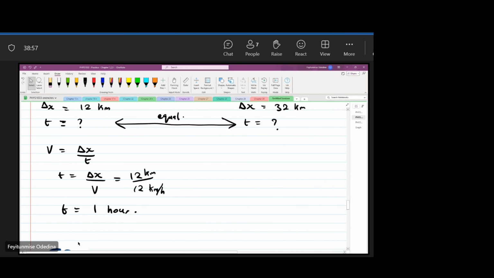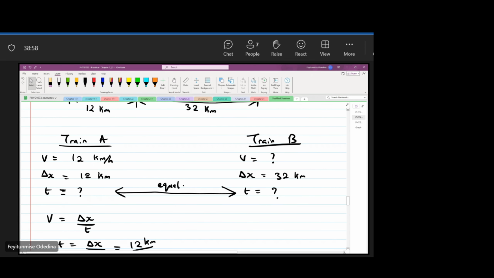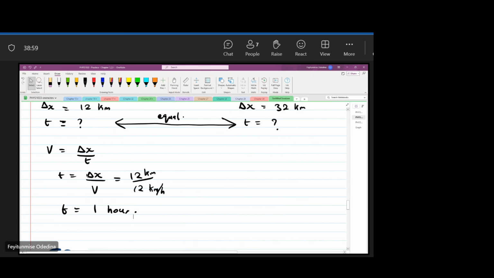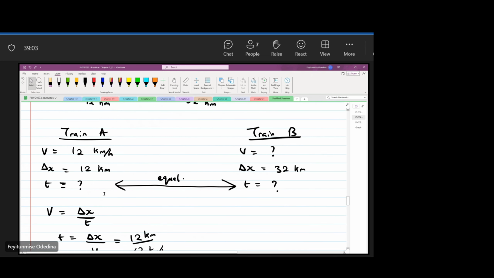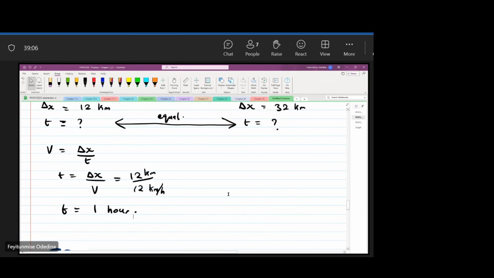So we know that it should take 1 hour for this train to reach that point. And in that same 1 hour, the other train has reached 32 kilometers. So we are then going to substitute it into the other train. So T is 1 hour. We can then say V, let's call this VB because this is for train B, is equal to delta XB divided by T. We do not have to put B for T because time is not dependent on whichever train.